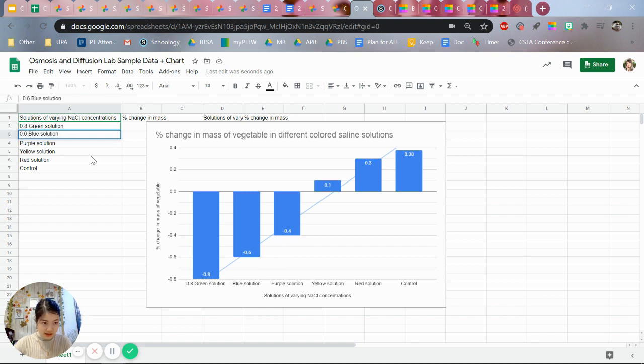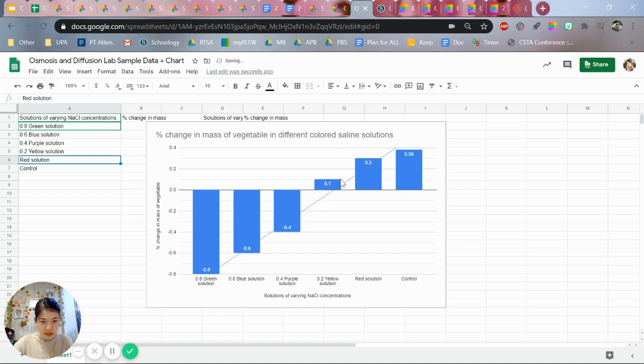I'm just typing it out so that it shows up on the graph, and that will help us determine what the isotonic solution should be. So that is 0 molarity, and the control obviously is just tap water, so also 0.